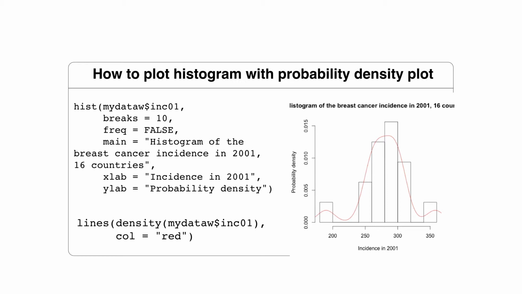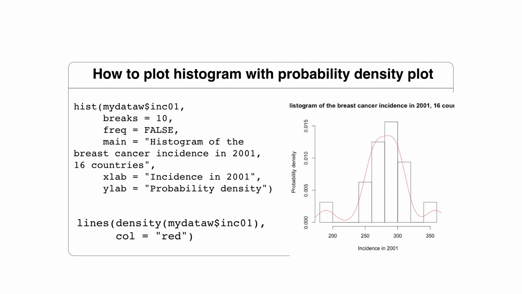After I had drawn the histogram, you note that I have issued another high-level plotting command, which is lines, for the density function that I have decided to draw on this particular histogram. So I have taken the histogram, and on top of it, I have decided to draw a probability density based on the lines that will come out of this.